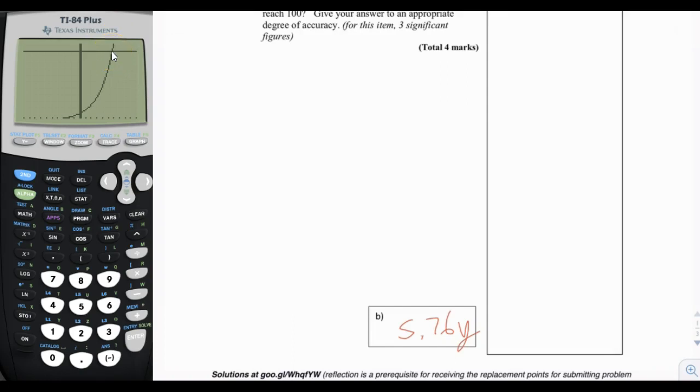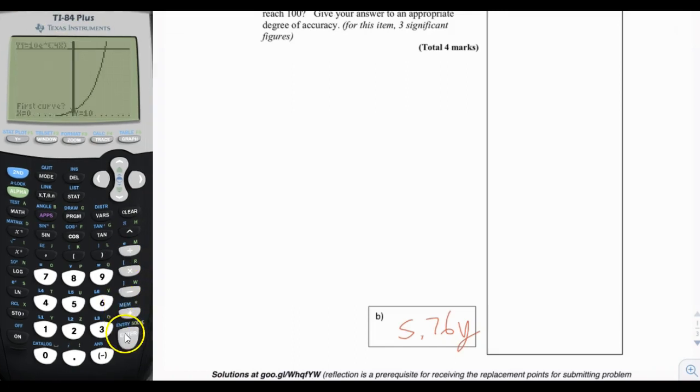The way we can find that intersection was second calc intersect. Okay, so it says first curve. I only have 2 curves in the database, so I can just answer yes to both of these. Yes, the first curve is e to the 0.4x. Second curve, yes, the second curve is y equals 100.